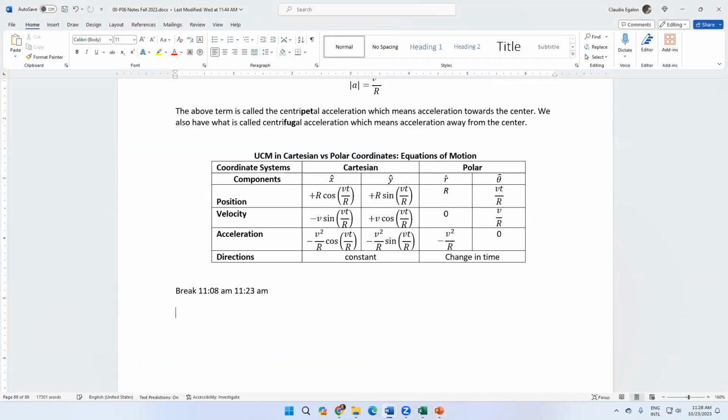Notes. Going back to chapter 4, we will do some examples of apparent weight, a very important type of phenomenon.